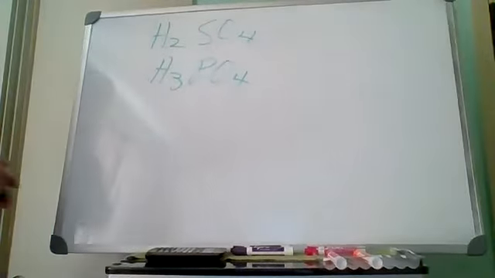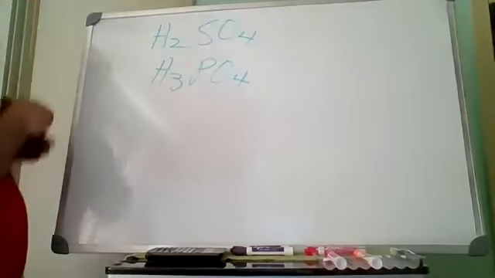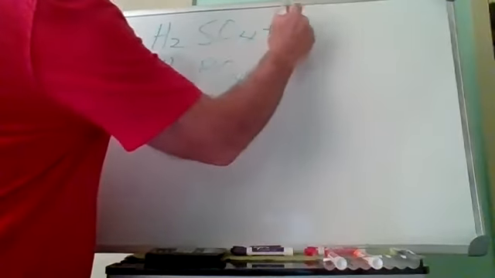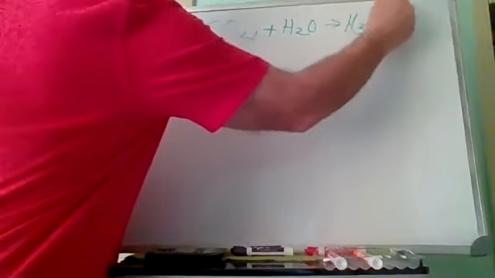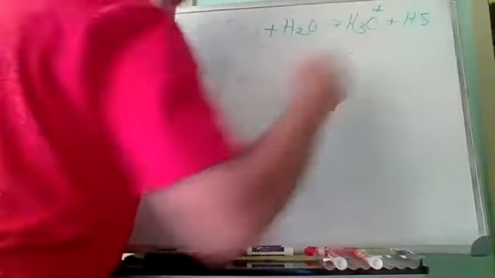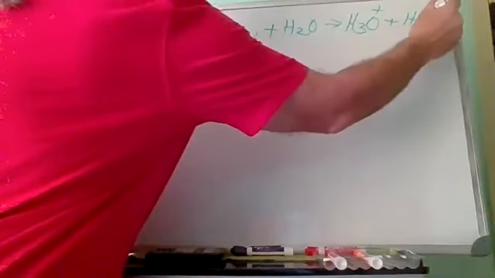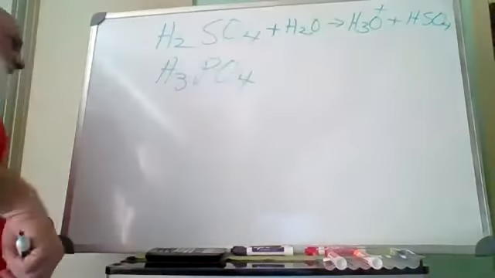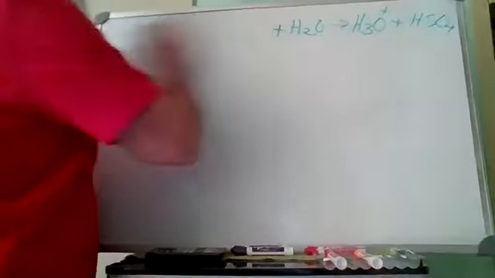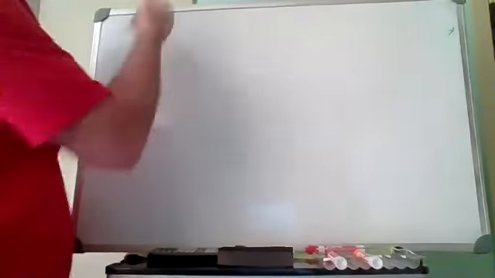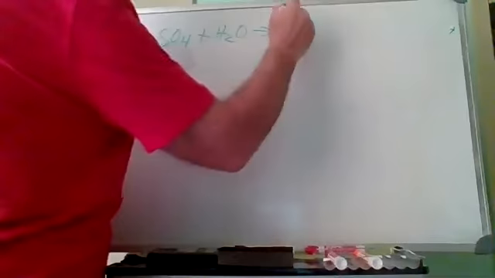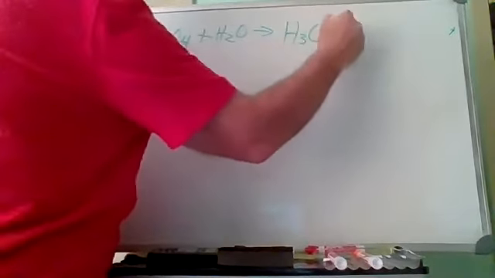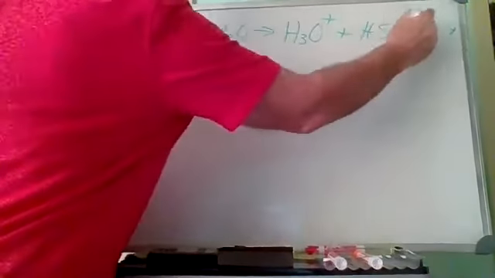Now, removal of the first proton in the case of H2SO4 is a strong acid. Let me just start that over again. So H2SO4, sulfuric acid, plus water, one-way street here, not an equilibrium, gives H3O+ and HSO4-.